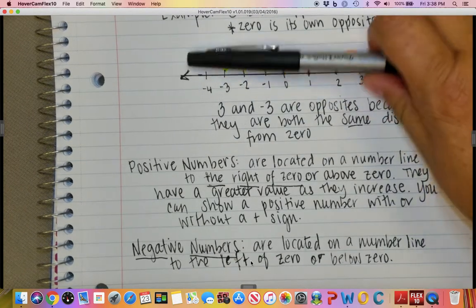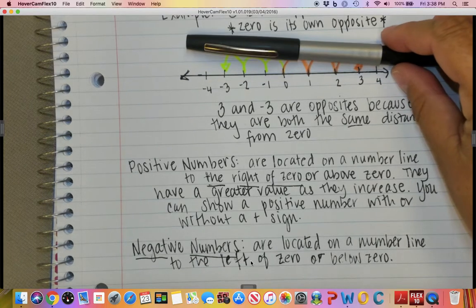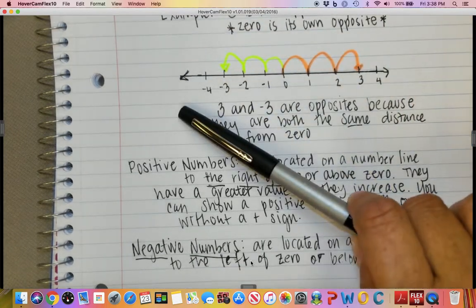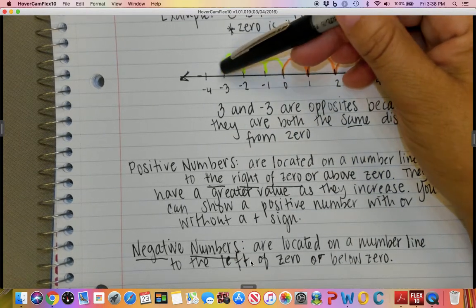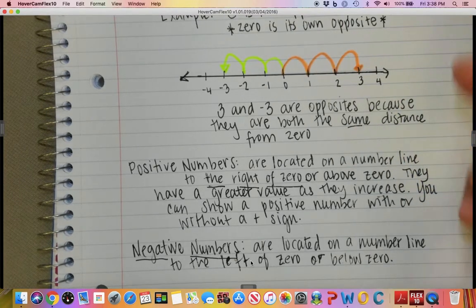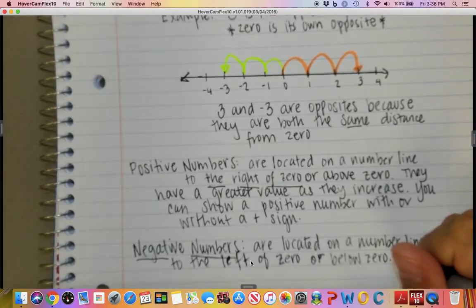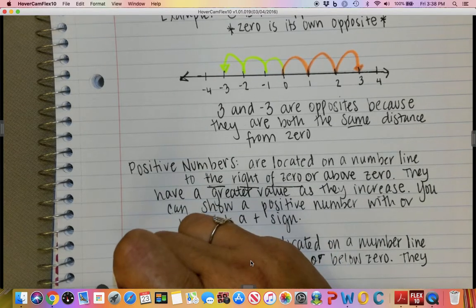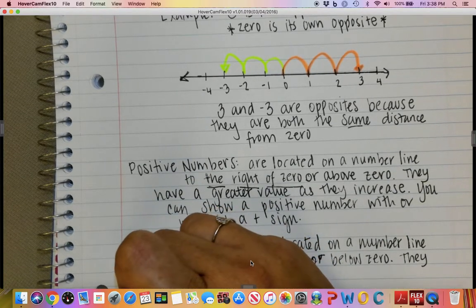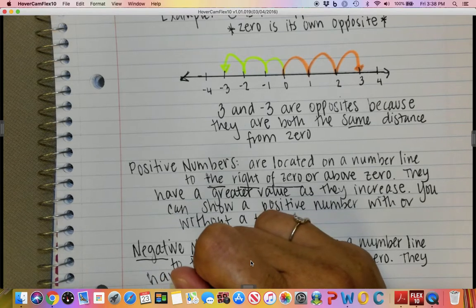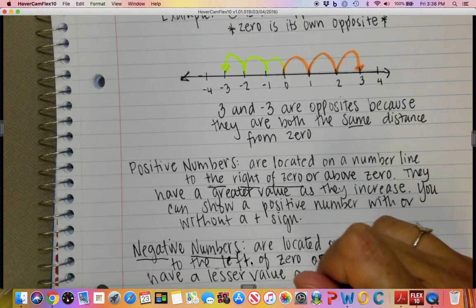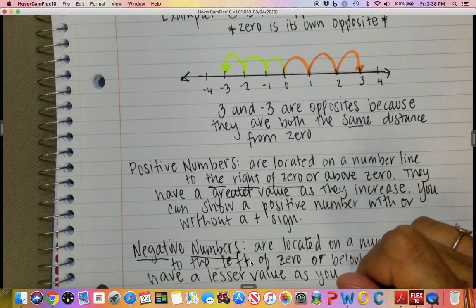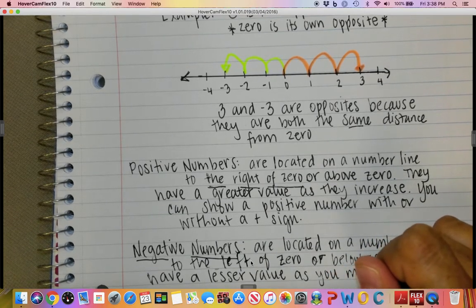And again, on a horizontal number line, you can see going left, I have a -1, a -2, a -3, a -4. They have a lesser value as you move left.